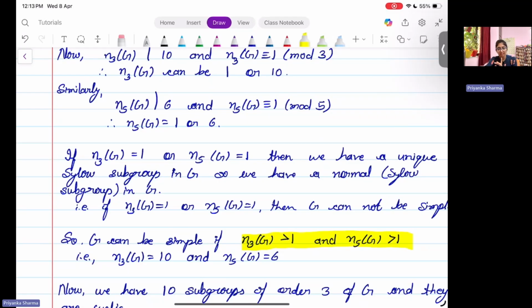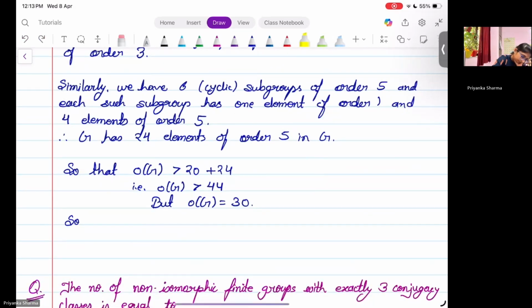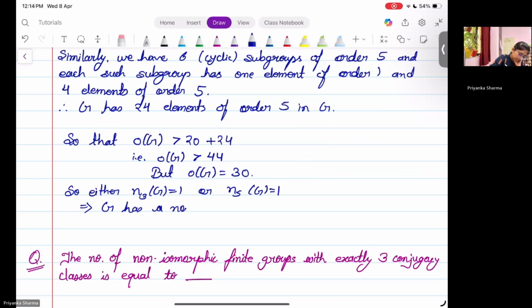At least one of them will be 1, that is, N3G is 1 or N5G is 1, which implies that G has a non-trivial, proper, normal subgroup.